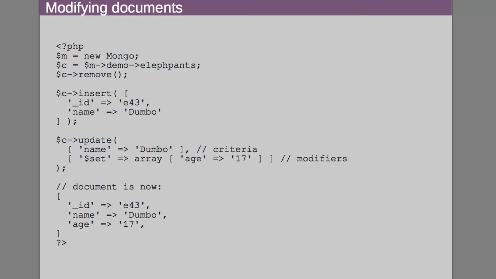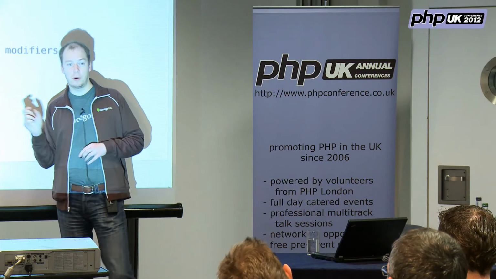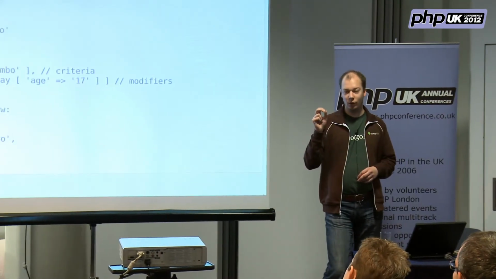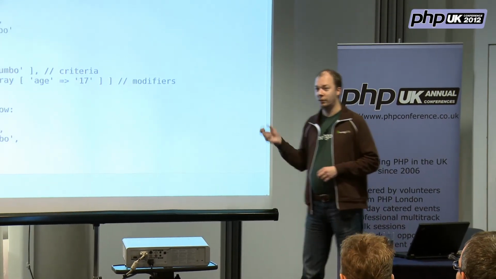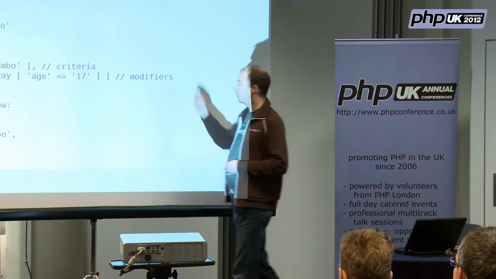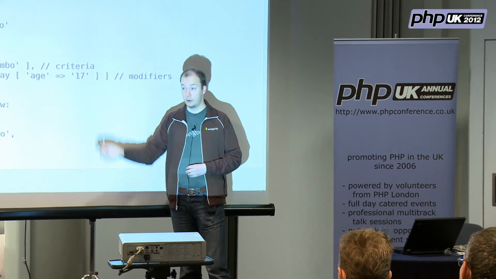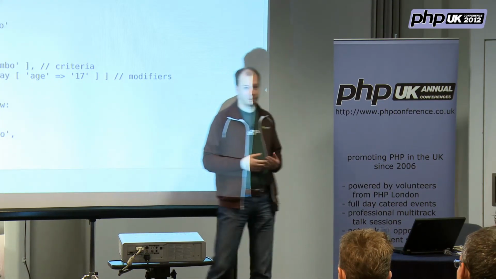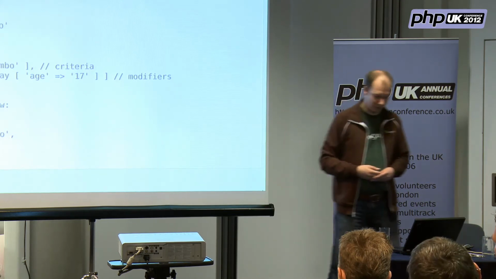This example also shows you, well, doesn't show you, but something I can tell you, is that MongoDB is peculiar about data types. If you use a string saying 17, then you will only find it if you search for the string 17. You won't find it when you look for the number 17. So it's very important to make sure that the data types you use for inserting are the same as for querying. That caught me out a few times using this.